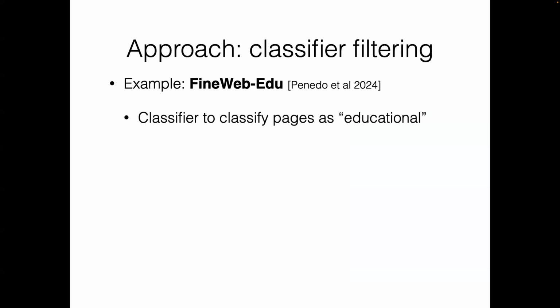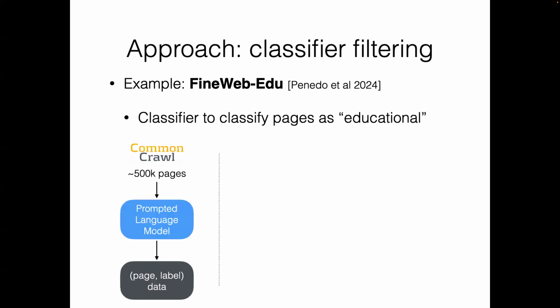So here's another example where they wanted to find educational content. Here the definition of educational is a bit more abstract. So they use a more modern method. They take a bunch of web pages, and then they prompt a language model to assign a label for how educational the page is.